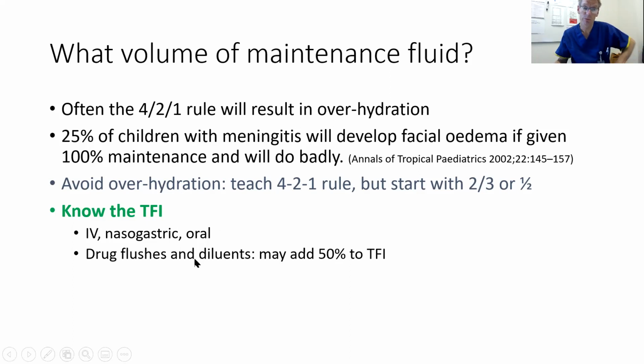Sometimes I've found that when you add up the drug flushes and the diluents for medications and maybe some blood products, that can add 50% to the TFI. So sometimes we overhydrate patients and we don't realize. So just be aware that you've got to take into account all the different types of fluid a child's receiving.